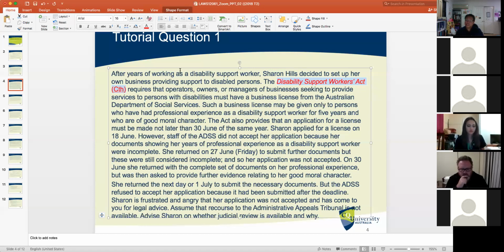So, in other words, the decision of the ADSS staff in rejecting the submission of the document because it would have been submitted late was still in pursuance of the enactment. And because it was made in pursuance of the enactment, the decision still was made under an enactment. And therefore, the review could be made still under the Administrative Decisions Judicial Review Act of 1977.